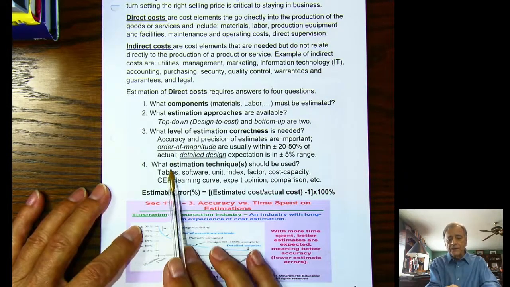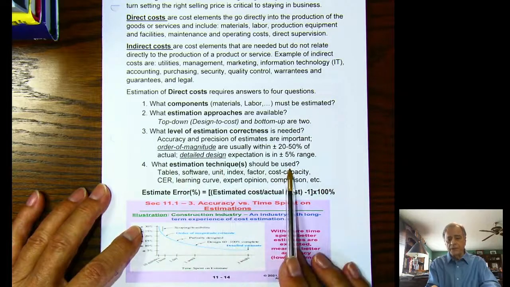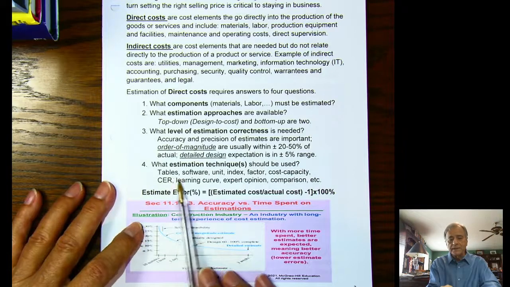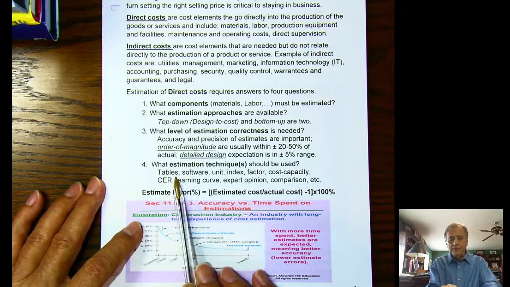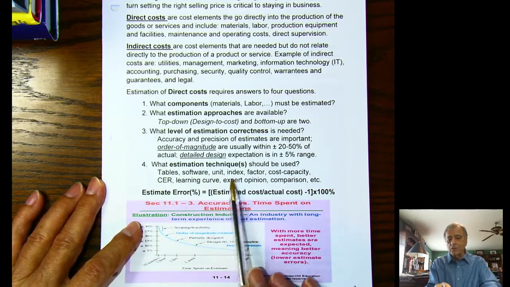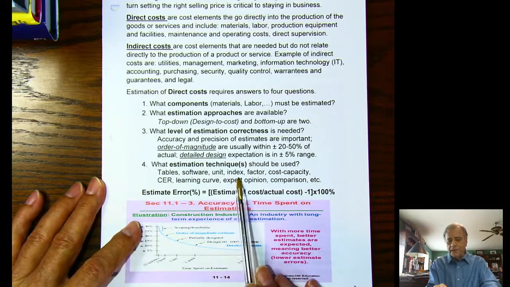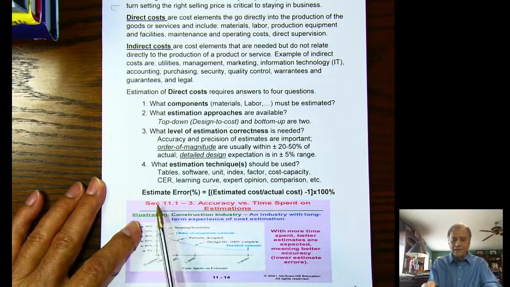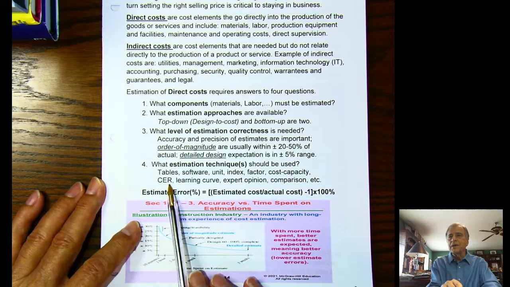The final thing is, what technique are you going to use? And the author presents in this chapter lots of techniques. You can go to tables, you can use software, you can use what's called the unit method, you can use cost indexes, factors, all of these things, cost estimating relationships.